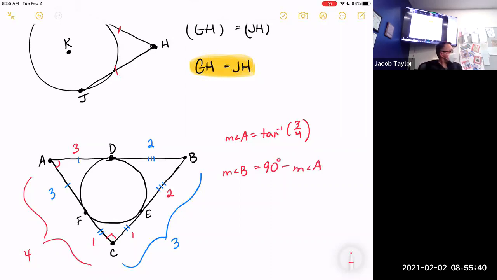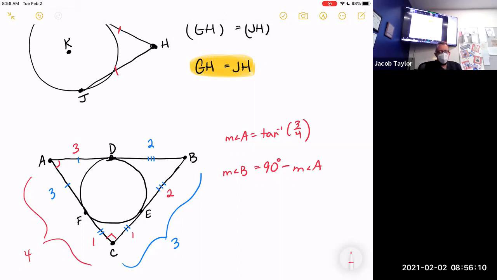For BC, did you just add them together? Is that how you got 3? I told you, the part in blue was given. You were given the entire thing was 3. If DB was 2, that means EB also has to be 2 because they're congruent. You with me there? Yeah. So if the whole thing's 3 and BE is 2, then CE would have to be 1 so that the total is 3.